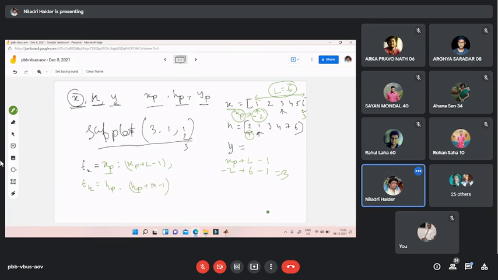Exactly, HP to HP plus M minus 1. So obviously for Y, from YP to YP plus N minus 1, because N is the length of Y. Clear? If you don't understand, tell me.